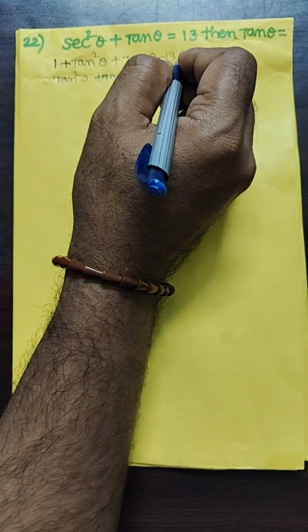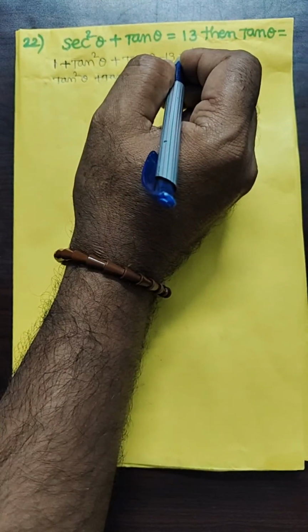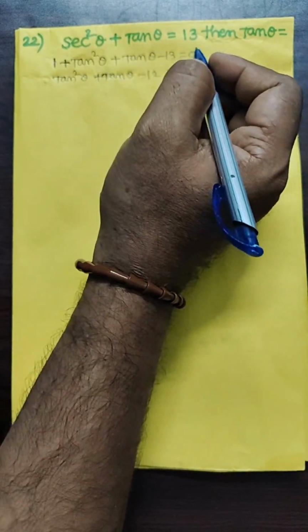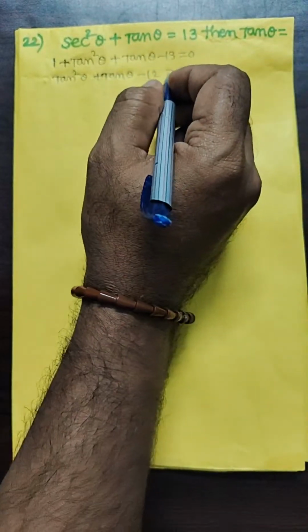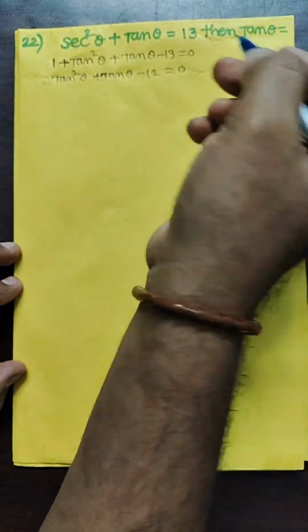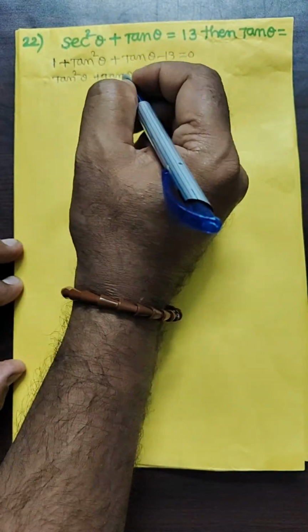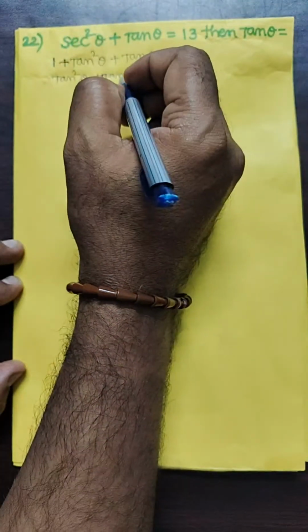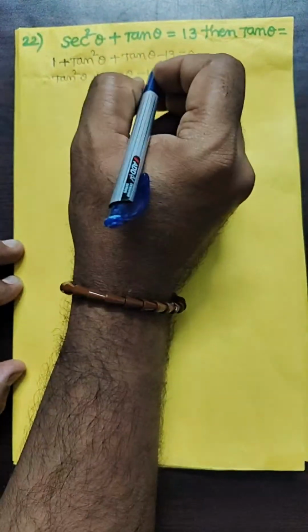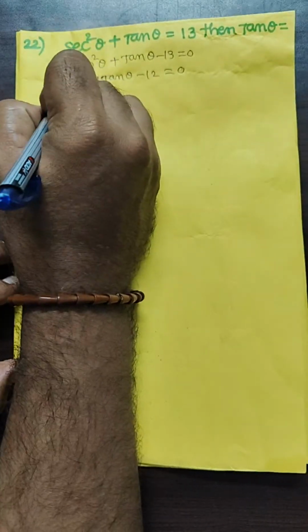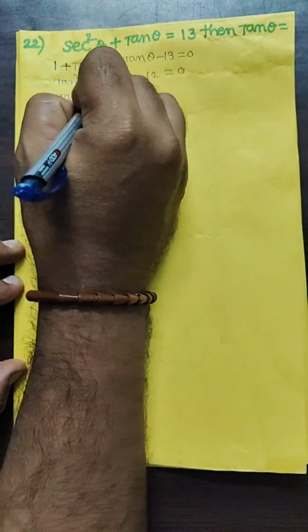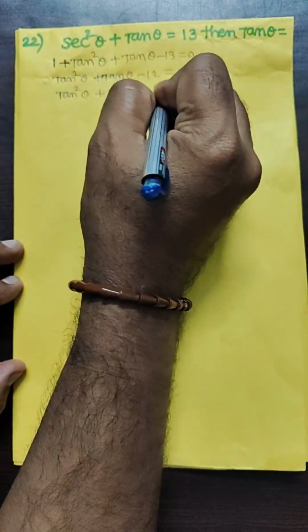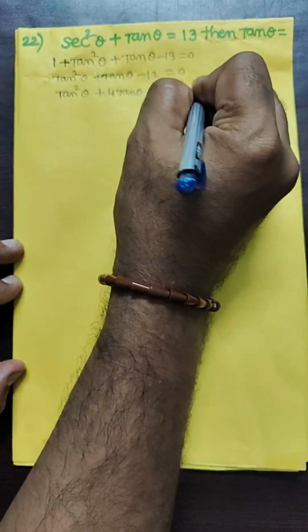By using factorization, according to the question, tan square theta plus 4 tan theta minus 3 tan theta minus 12 equal to 0.